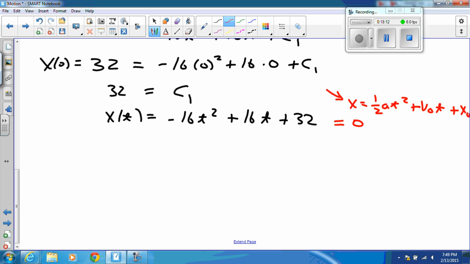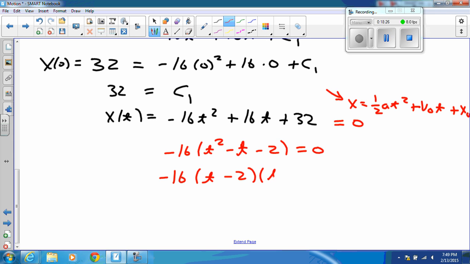Well, we're finally ready to answer the question. We want the time for which x of t is equal to 0. And so we set our expression equal to 0, and we remember that factoring is our friend. So we're going to factor out, first of all, a negative 16 from this expression.